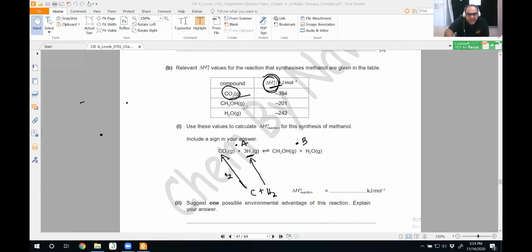Here, Mahmoud, the value we have is the formation of CH3OH. Where will the arrow go from? From which point to which point? C to B. Very good. And what's left? Water. So where is it going to go from?